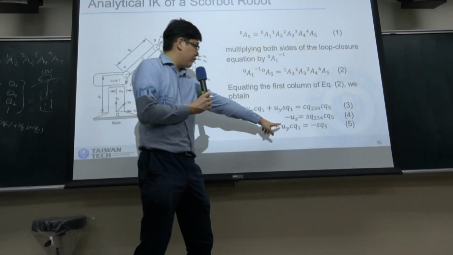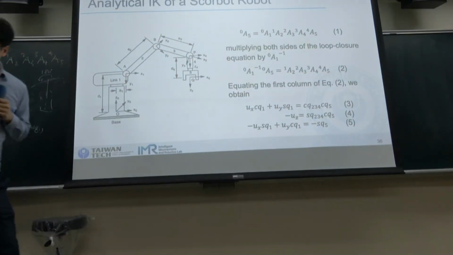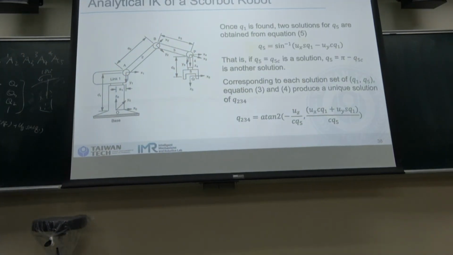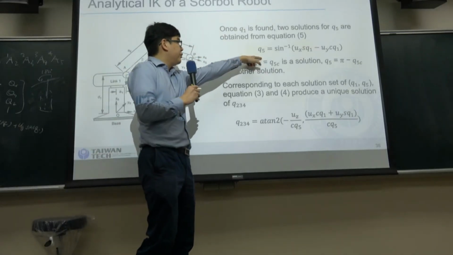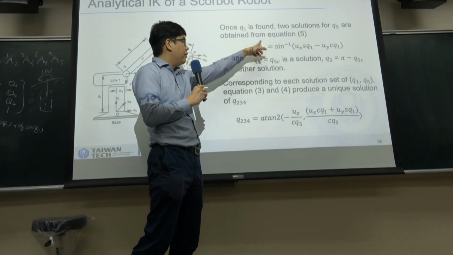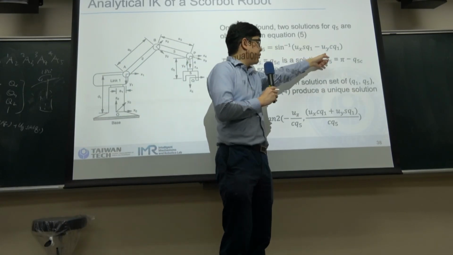So I add the cosine over here. So we can solve the value of joint 5 by using these equations.